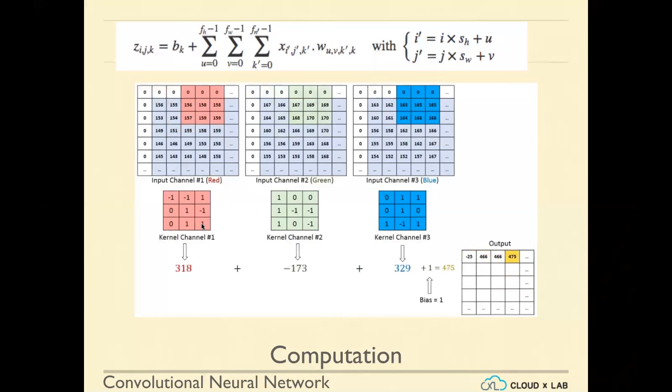The filter is also called kernel, and this kernel is a composite kernel which has basically three different kernels for each color. This one is for, say, red, this one is for green, this one is for blue, and this kernel is being applied.